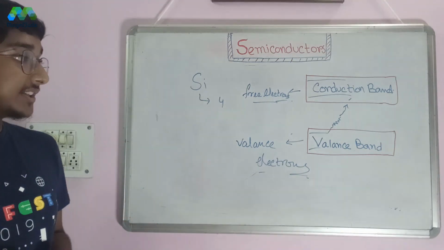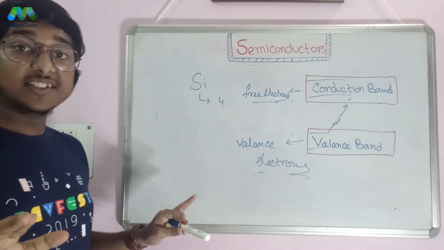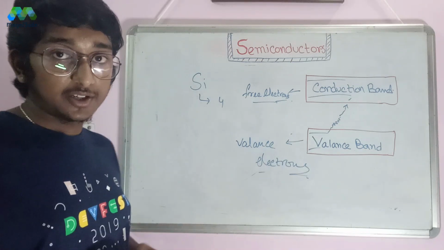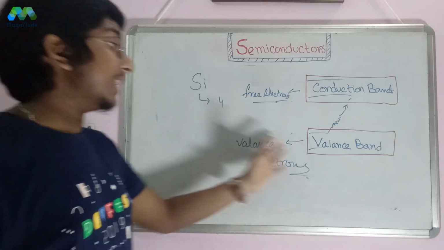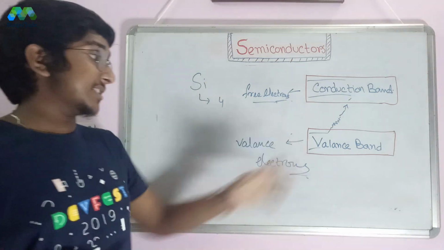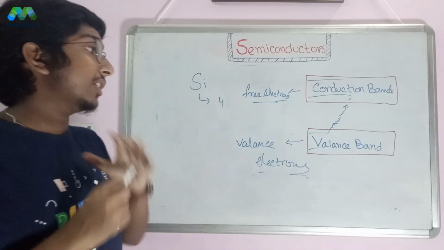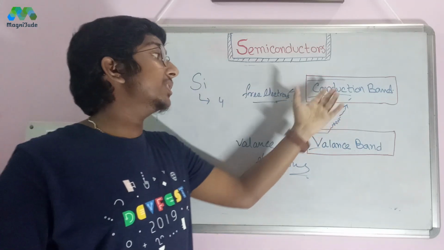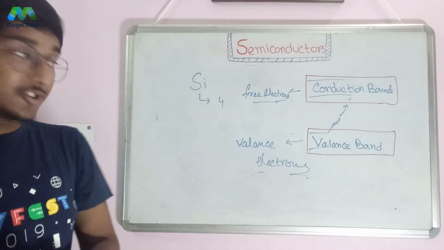Another important point is that the valence band does not participate in the conduction of electric current, or the motion of the electrons. The valence band does not conduct electricity. All the participation in the formation of electricity, or in the motion of the electrons, is due to the conduction band, because in the conduction band there are free electrons.